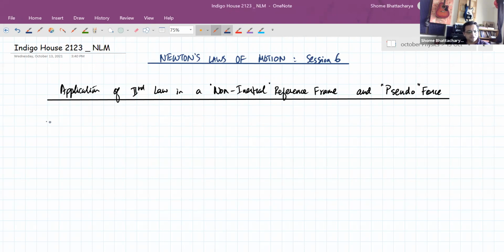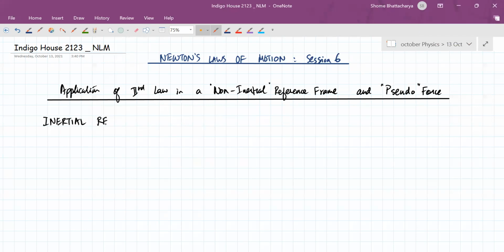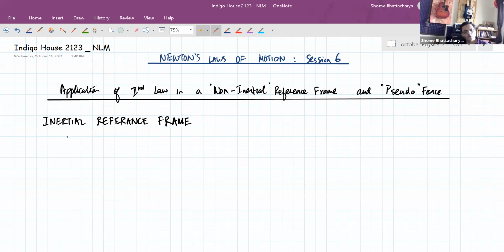First being the definition of what an inertial frame is. Or in short, we will just refer to it as IF, inertial frame.